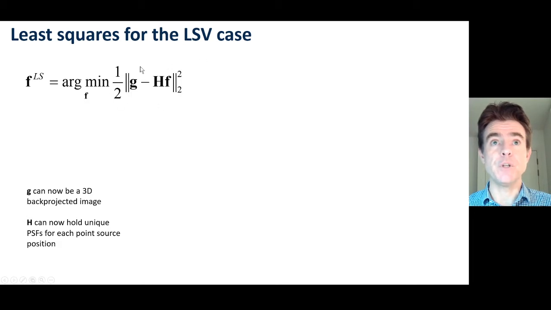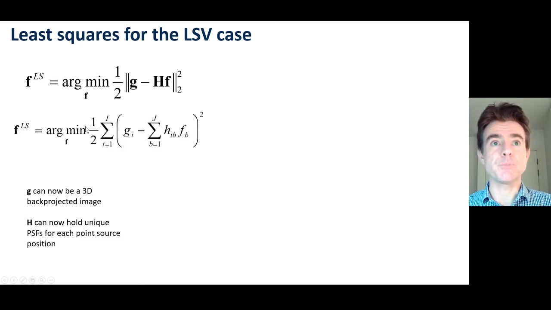So it should look familiar from what we've seen before, and we're just saying that F_LS is the argument vector F of parameters representing the object. Notice here we're no longer in the Fourier domain like we were before. Now we're right back to basic matrix vector. The F that when plugged in here and goes through that linear shift variant mapping needs to best fit, in a least squares sense, minimize L2 norm distance squared, needs to best fit the back projected image.